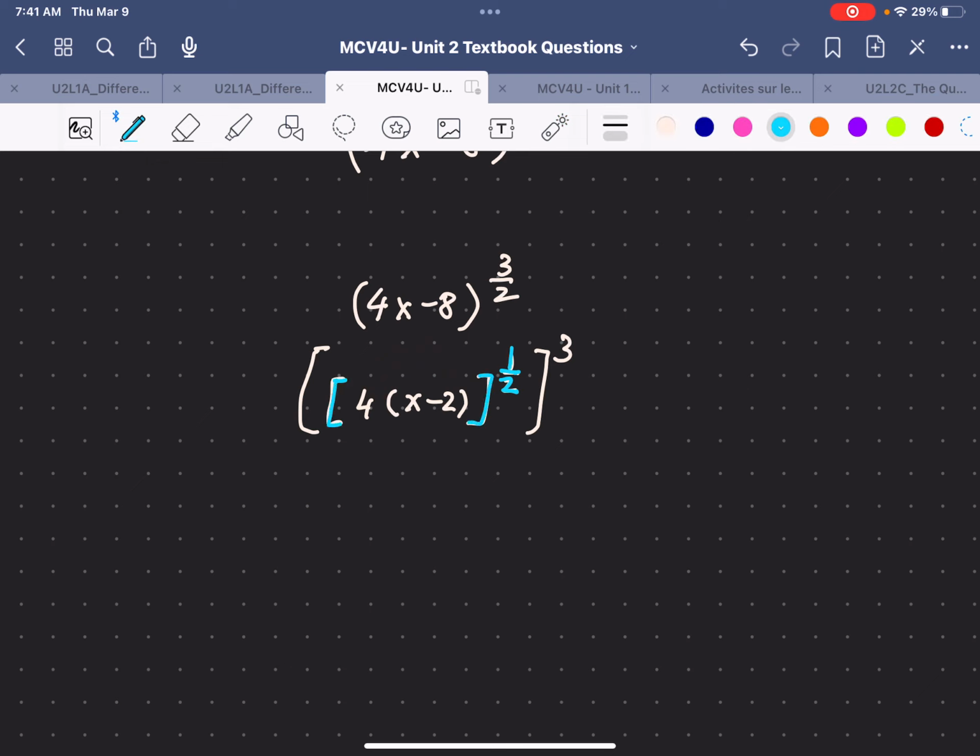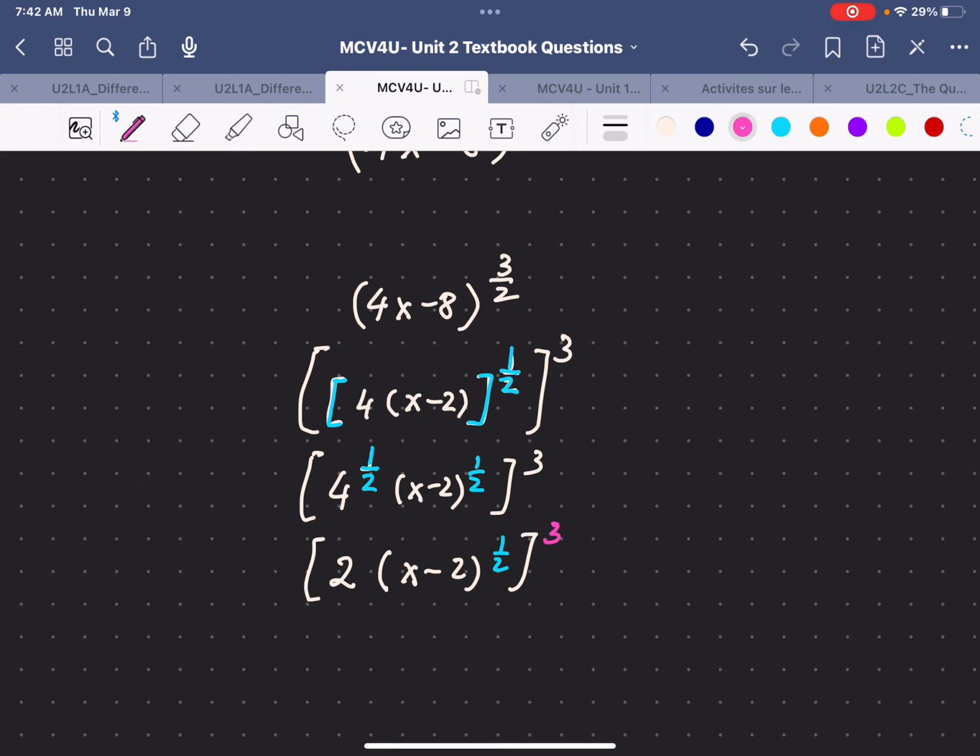So that means that we have the square root of 4, or 4 to the power 1 over 2. I'll leave things in power form. And then x minus 2 to the power of 1 over 2 again. And then everything will be to the power of 3. So that will make a 2. X minus 2 to the power of a half. And then the entire thing to the power of 3.